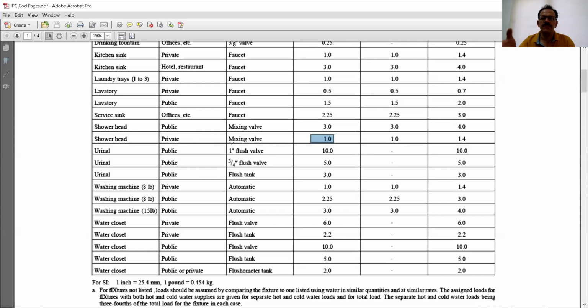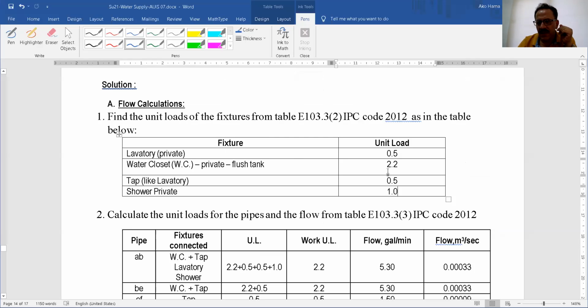Mixing valve, it will be mixing. It means that you have 1 outlet and 2 controls, one for hot and one for cold water. That will be 1. So overall, how much it will be? We have 2.2, and this is 1, 3.2, and 1, 4.2.